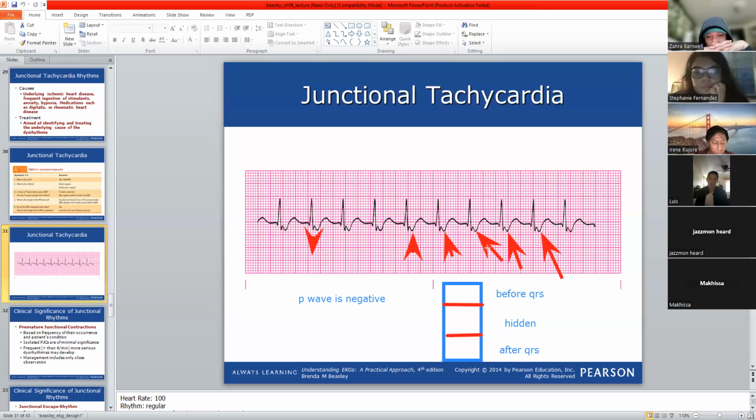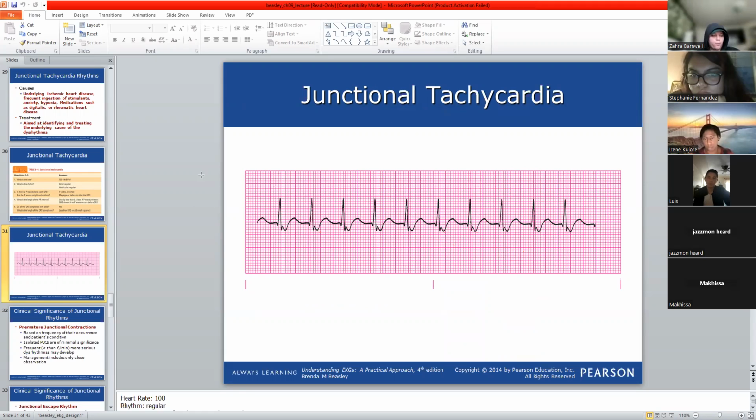This is the character of junctional, and coming after the QRS, they are not going to ask you from which part of the AV node it is coming, but for your knowledge, you are very precious. So it is coming from the lower third of the AV node. So we have the P wave negative, coming after the QRS, and this guides us that this is junctional, and the number is above 100, so it is tachycardia. So this answers your question. I hope that. Thank you so much. You're welcome.